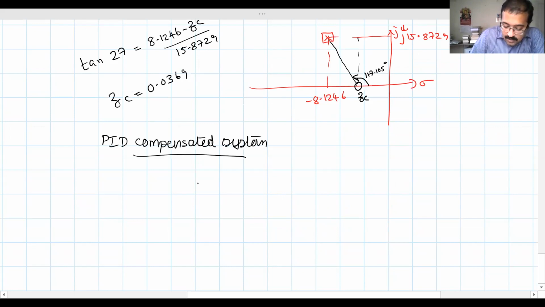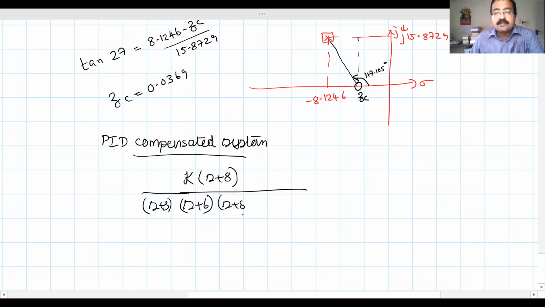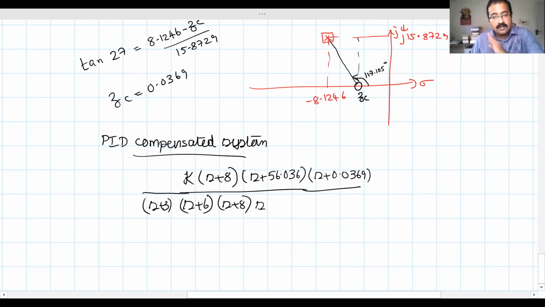You will get K into S plus A, that is the plant, S plus 3 into S plus 6 into S plus 8. Okay, this was the given plant. Then we decided the PD compensator, S plus 56.036. Then we inserted a PI compensator, S plus 0.0369 divided by S. So this will be the PID compensated open loop transfer function, G of S.